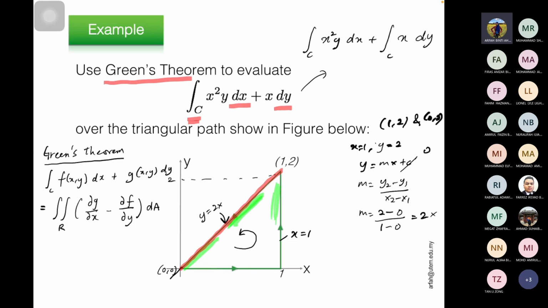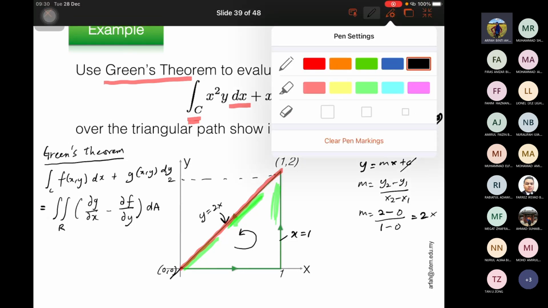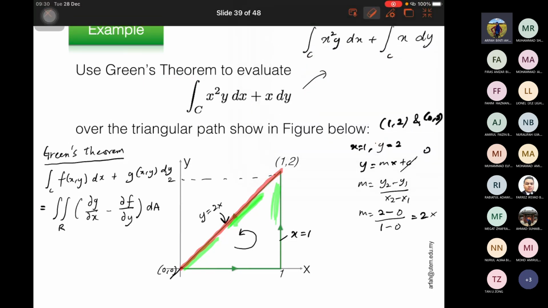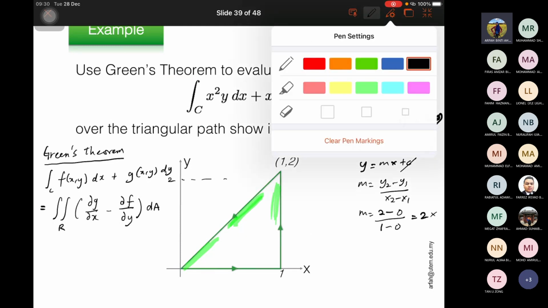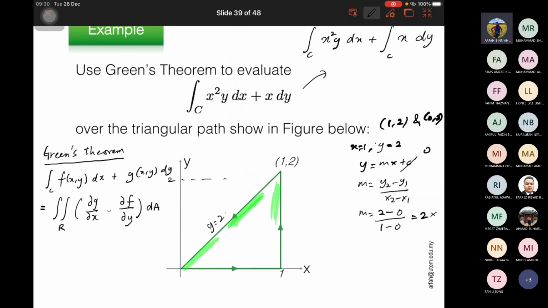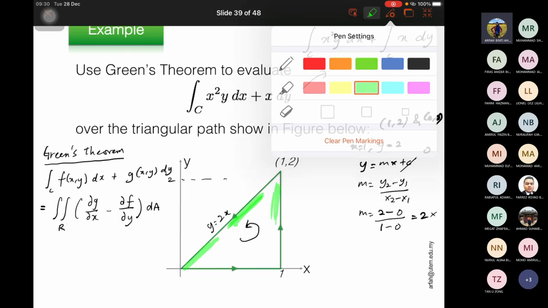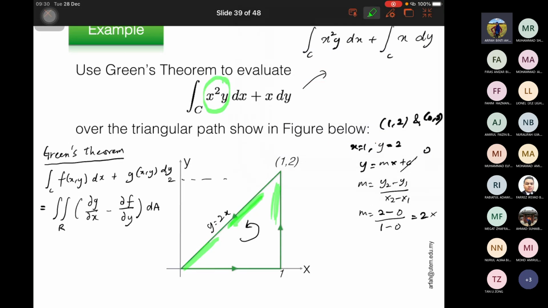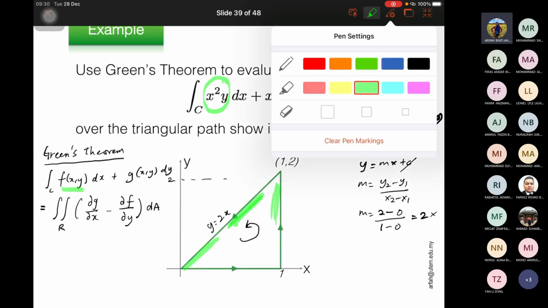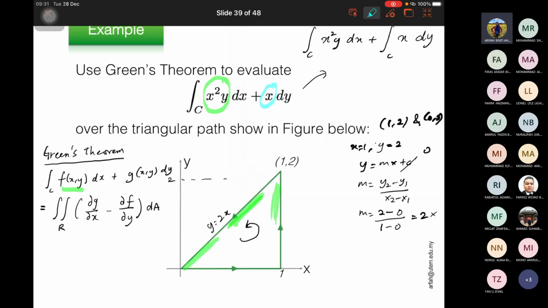Dan daripada equation yang dia bagi, tengok balik. So kita akan dapat this is the line of y sama dengan 2x. So ni adalah dia punya rotation. So daripada equation yang dia bagi, compare. So ini adalah f(x,y) and this one is your g(x,y). So compare the equation.